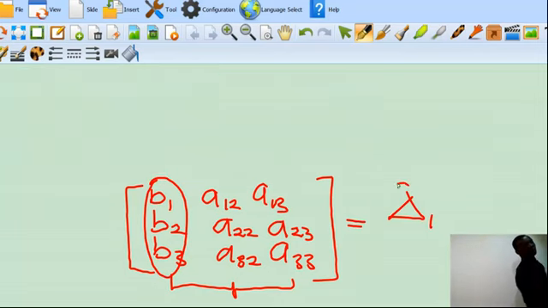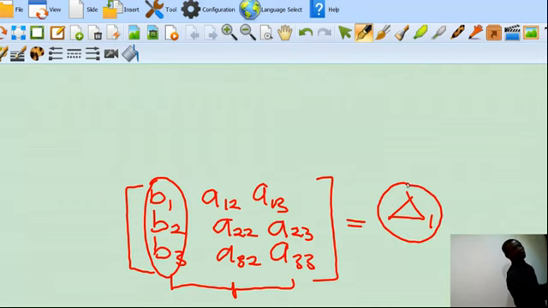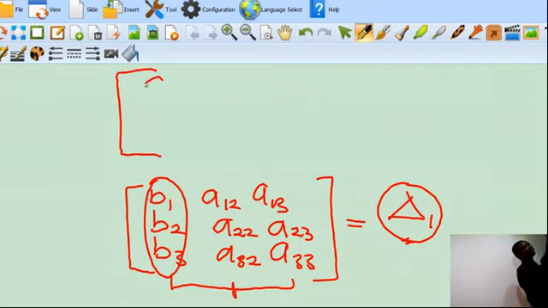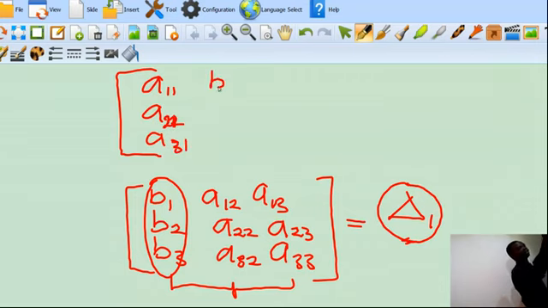Now it means if you follow the same procedure, you obtain a value for this determinant. You can also find another one, A11, A12, A21, sorry, A31. Then you replace it.